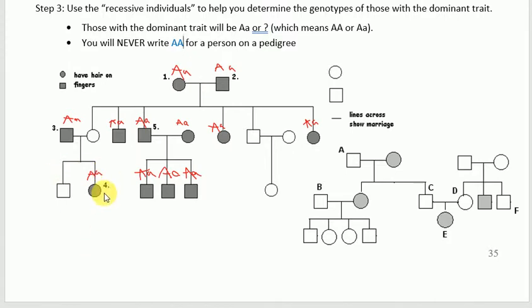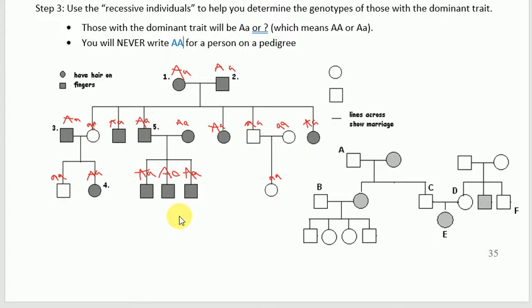So we know that these individuals are going to be recessive, right? So these are little a, little a, little a, little a. Okay, so looking, you would think that we're all done, right?